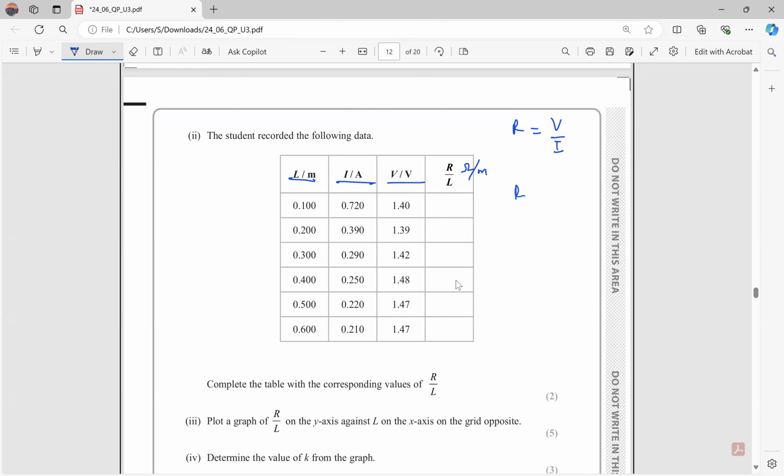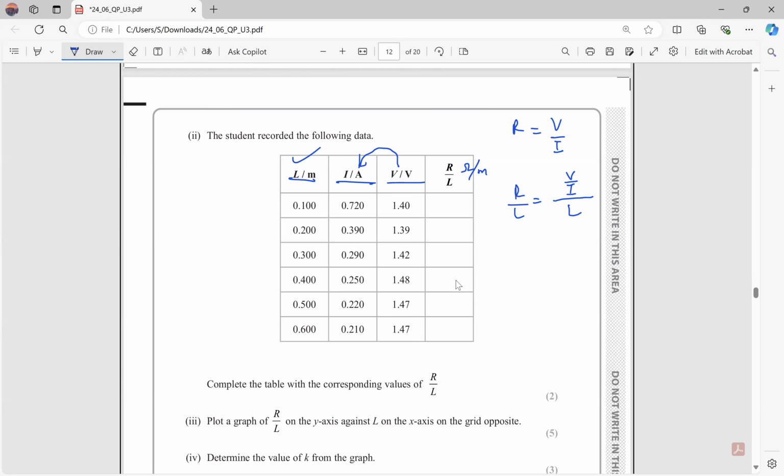And we have to find R over L, so we will be finding voltage over current over length. So let's do it for the first one. 1.40 divided by 0.720 divided by 0.1. So in essence, you'll be dividing this by this, and then the whole thing by this.